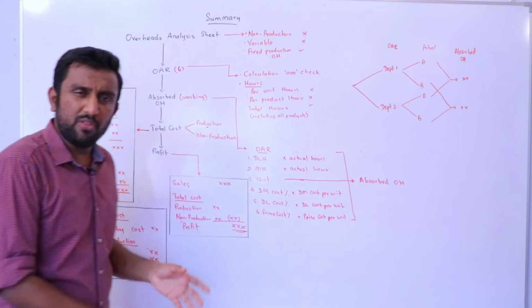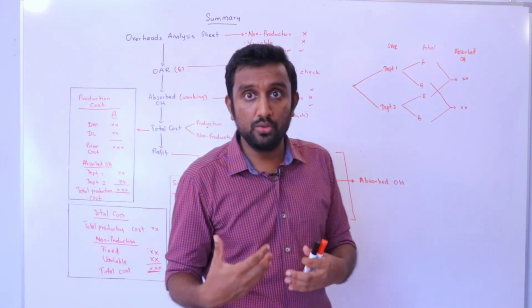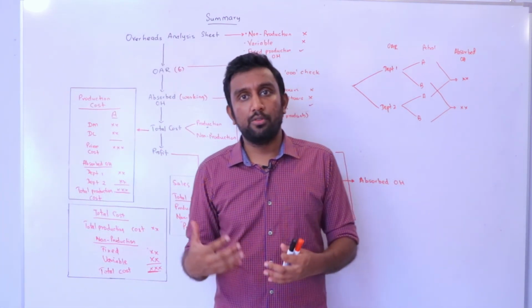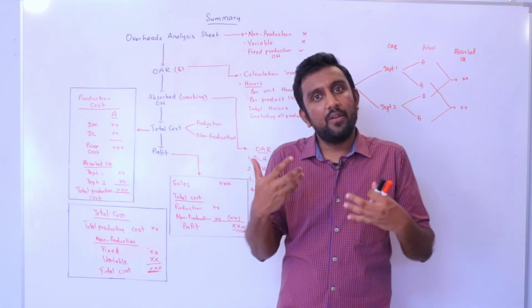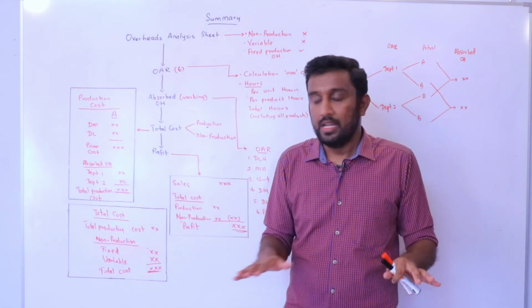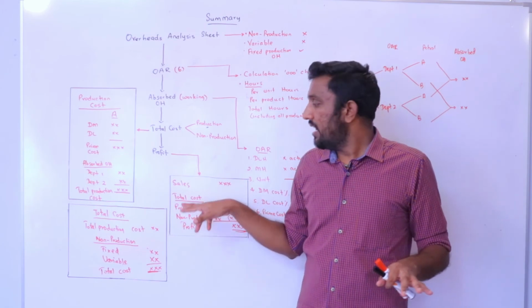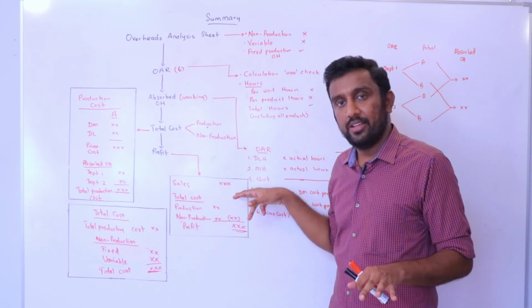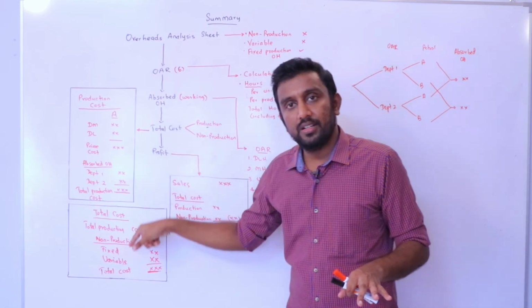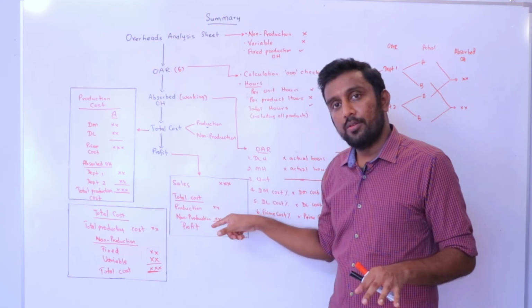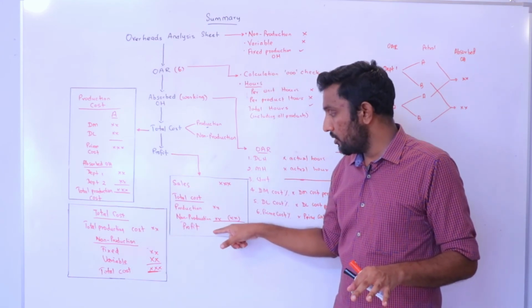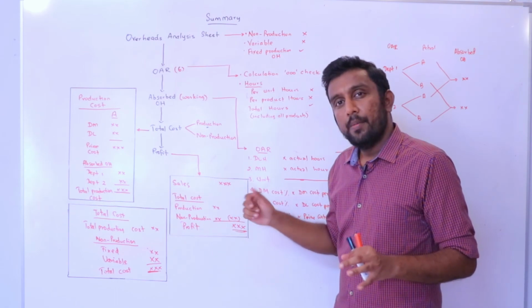So that is the finding of total cost. Then profit calculation. I have this working. It is not a must to have the same working. If they ask you to find the profit, and if you know how to find the profit, if you have a working to find the profit, that is fine. So this is what I follow. I just go with the same method. Sales, I put the sales here. Then total cost, which I found from these workings, and I divided that into two, production and non-production. So I put the production cost and non-production cost, and then I will arrive at the profit.